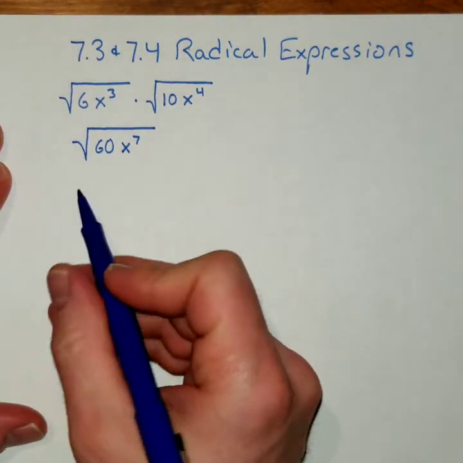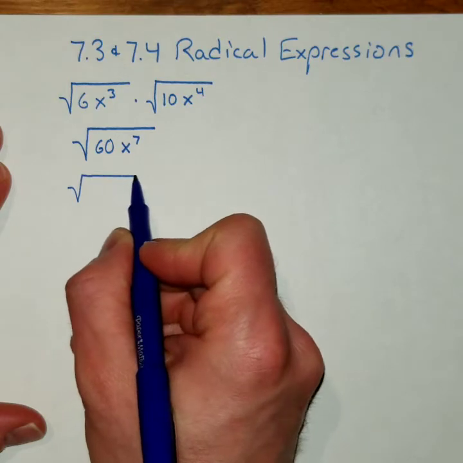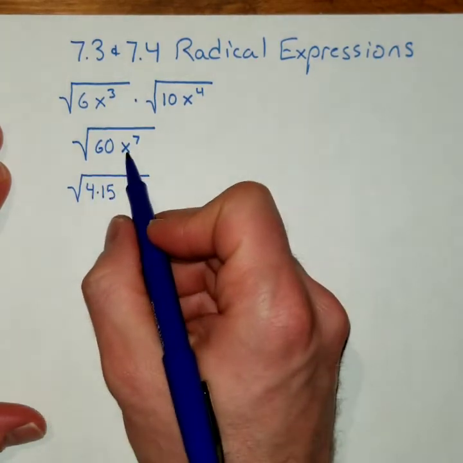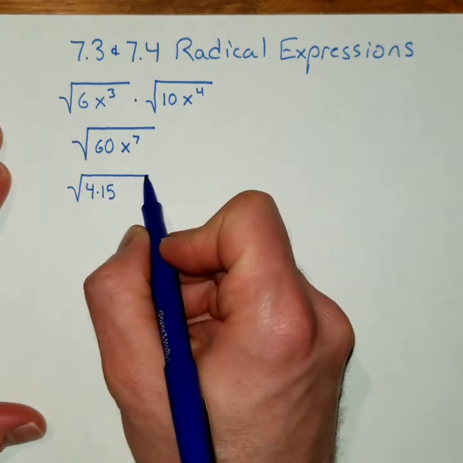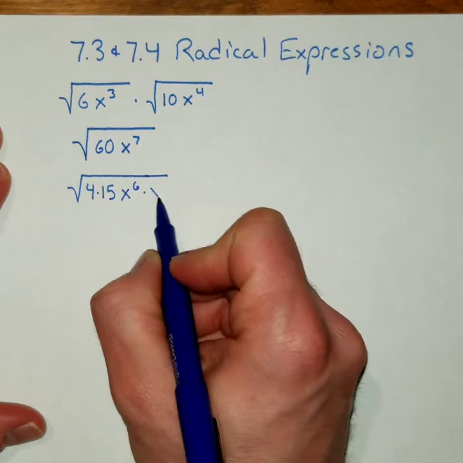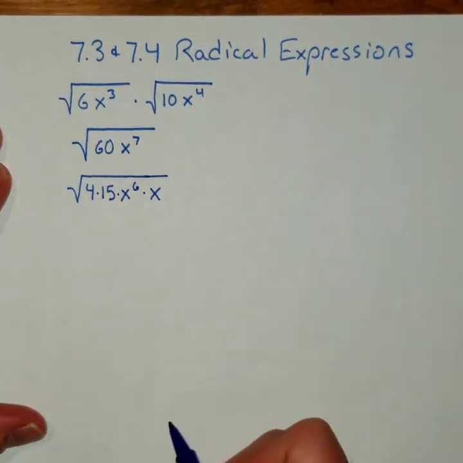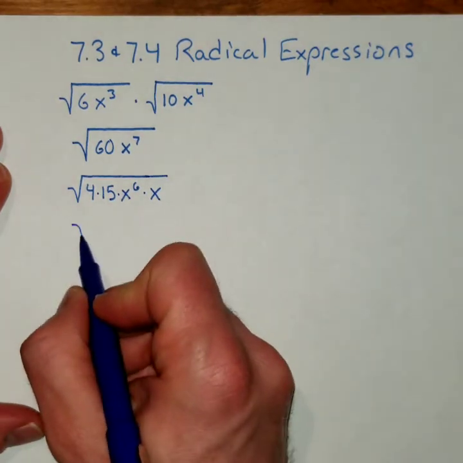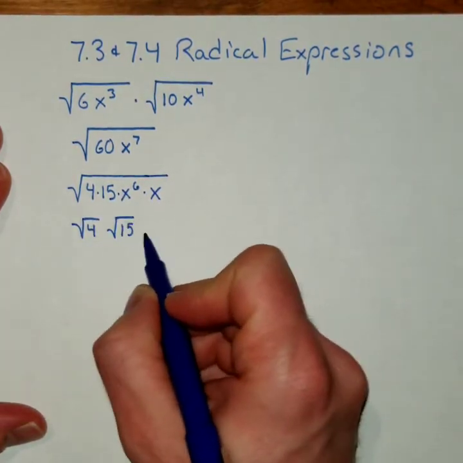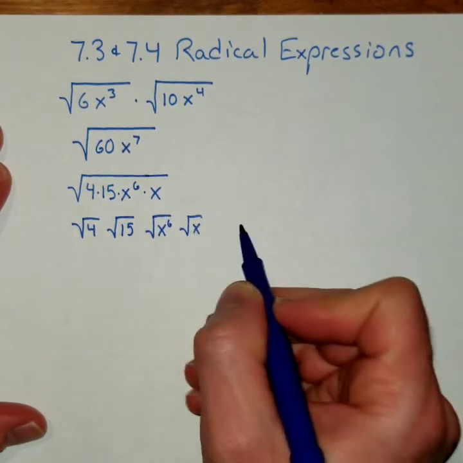60 does have a perfect square factor of 4. So 60 is 4 times 15. X to the seventh could be written as x to the sixth times x. Okay, and so I really have 4 factors here, 2 of which are perfect squares. So I look at square root of 4, square root of 15, square root of x to the sixth, square root of x.